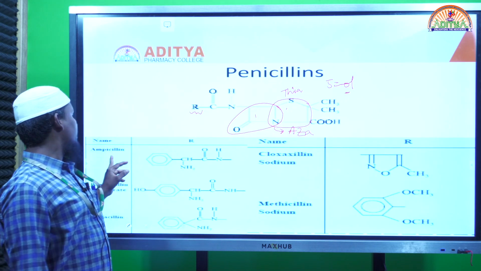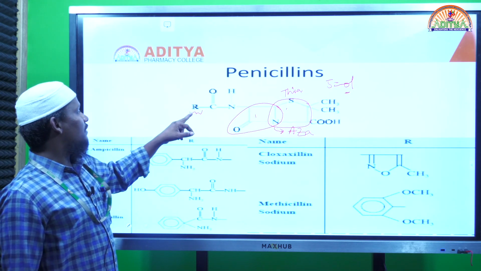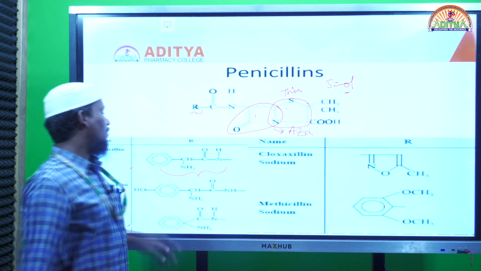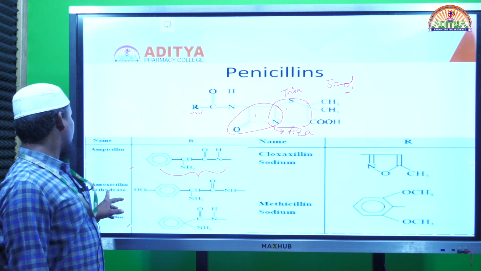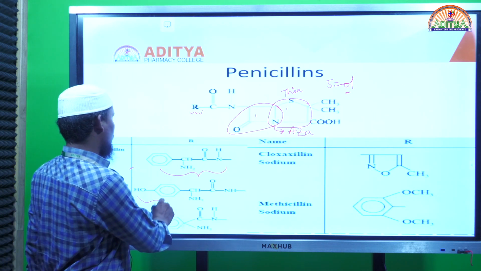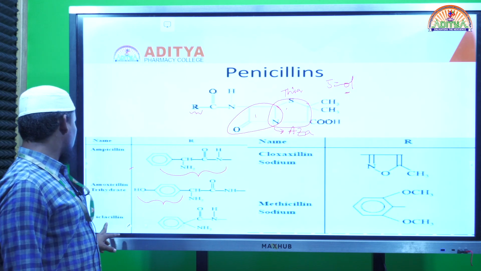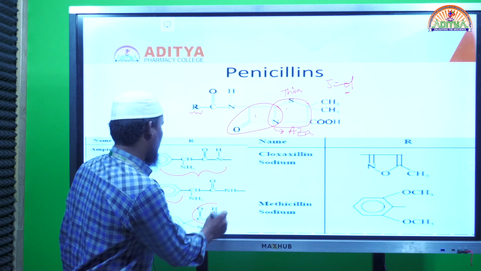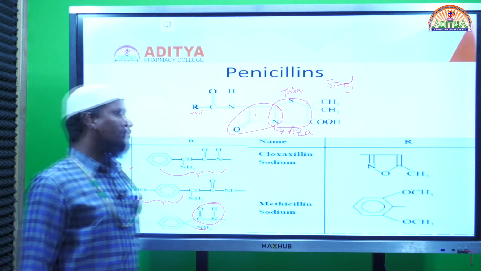For example, in the case of ampicillin, at the place of R we are introducing an amino group, the amide functional group. In the case of amoxicillin we introduce a phenoxy group. And if you replace R with this aromatic amide and the amine functional group, it is called cillin.